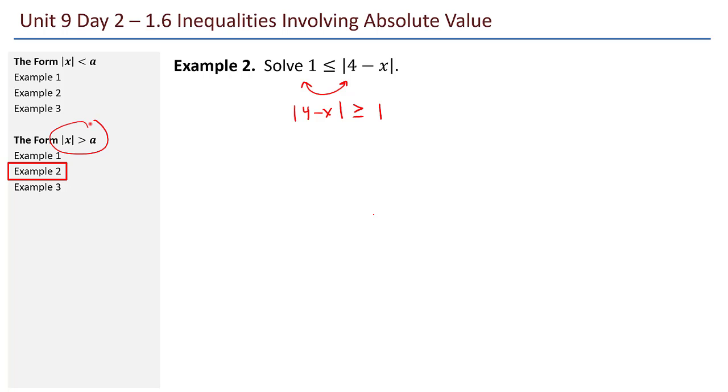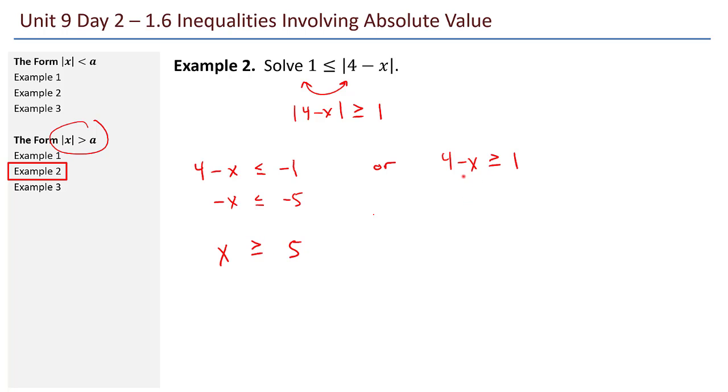All right, I'll drop the absolute values and it turns it into 4 minus x is less than or equal to -1, or 4 minus x is greater than or equal to 1. All right, subtract 4 from both sides. -x less than or equal to -5. Let's keep on going with this one. Multiply both sides by -1, x is greater than or equal to 5, and I switch the inequality.